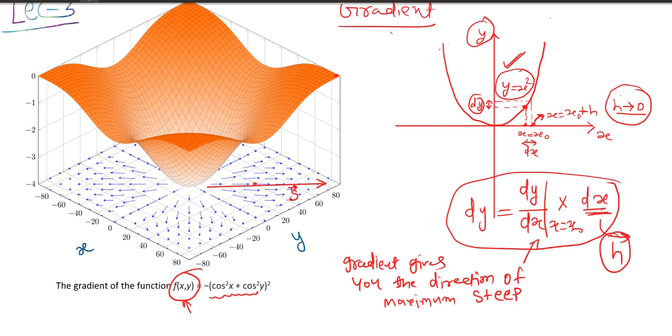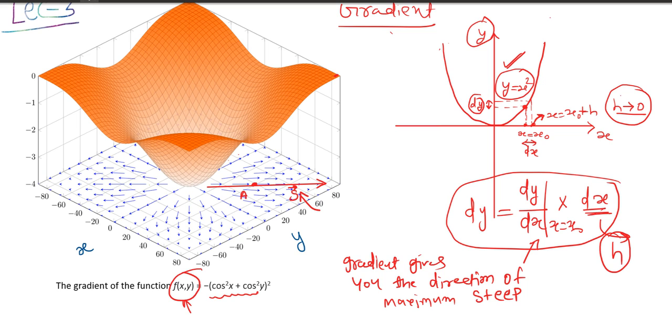Initially I am at this point, my point A. Now I want to find the change in z while I am going in the direction given by this vector s.